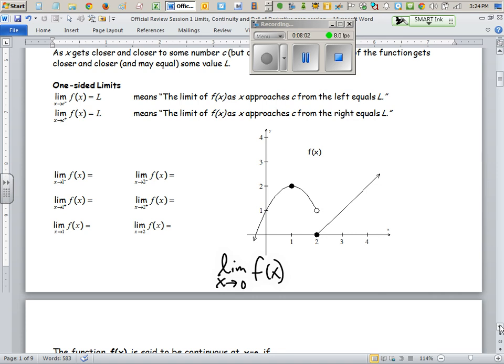Both sides. So you have to split this into two problems, don't you? One where you're going to negative infinity, and one where you're going to positive infinity, and you have to check for agreement. The final question will be, do they agree?